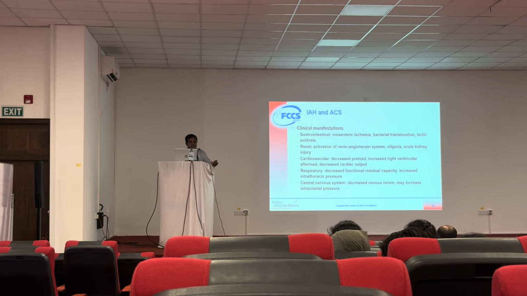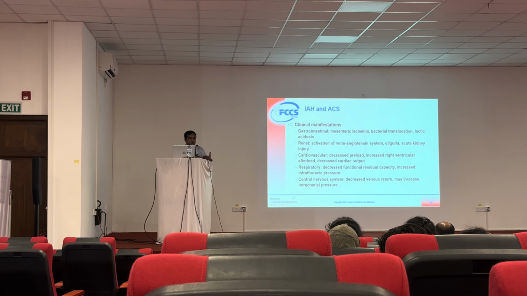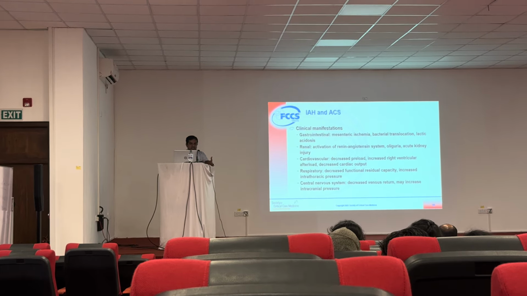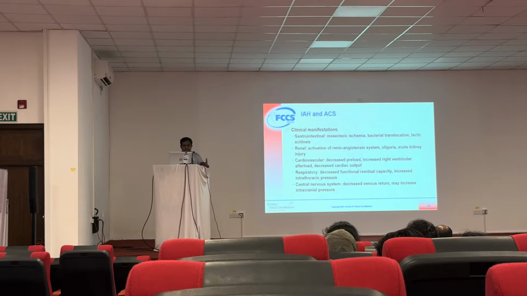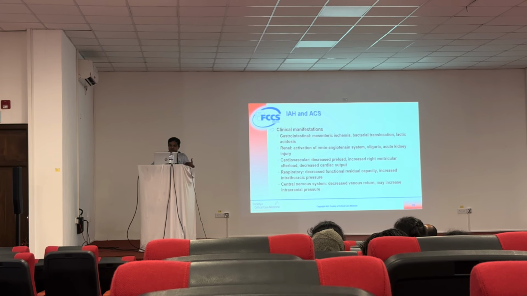Respiration, we discussed, because of increased intra-abdominal pressure it can push the diaphragm upwards. So diaphragm function is completely shut down with this sort of high pressure. CNS, again venous return, can cause hypovolemia, hypotension.